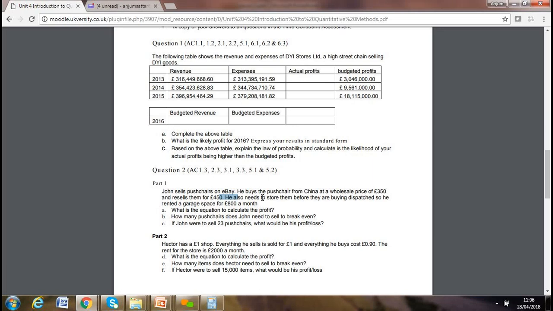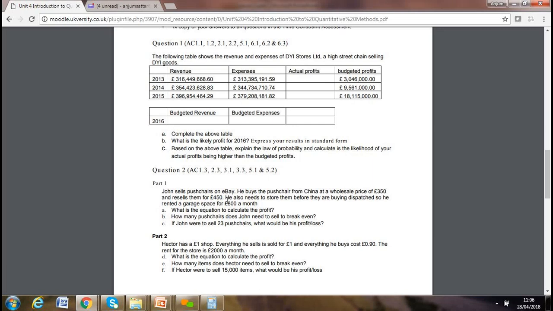We know the variable cost per unit is 350 and the reselling price is 450. So 450 minus 350 is £100, and the fixed cost is £800. So 800 divided by 100.